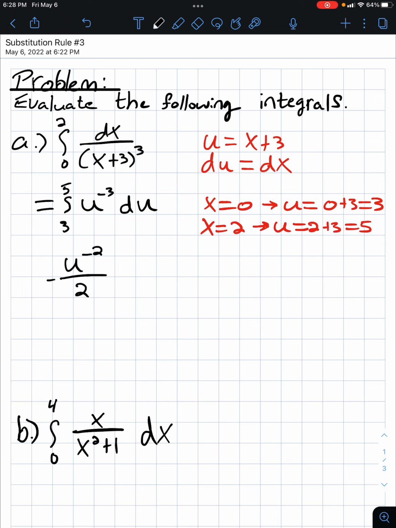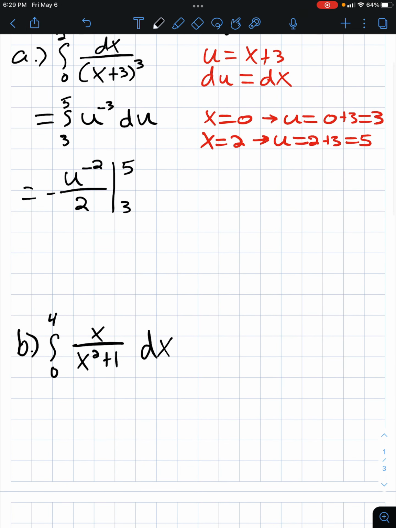So this is equal to negative u to the negative 2 divided by 2, from 3 to 5. So now we need to plug in our 5 and 3 into our u. This is equal to negative 1/2 times 5 to the negative 2 minus 3 to the negative 2.